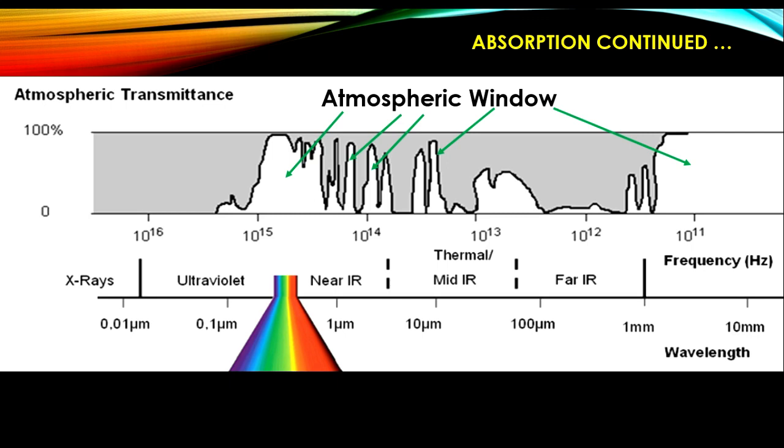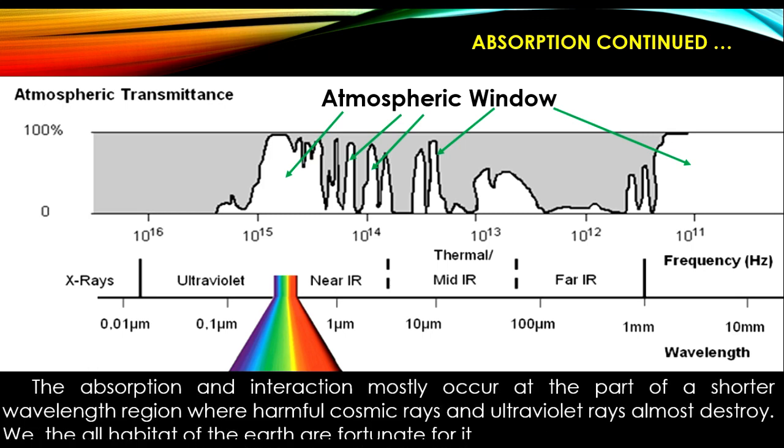Here is the atmospheric window. The atmospheric windows are represented by the green arrow signs, and you will see the atmospheric window. The chart of atmospheric transmittance is represented here.